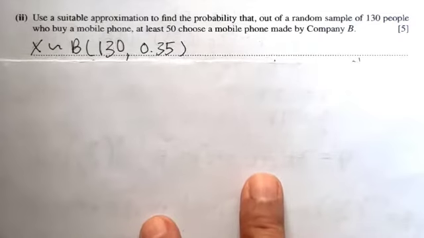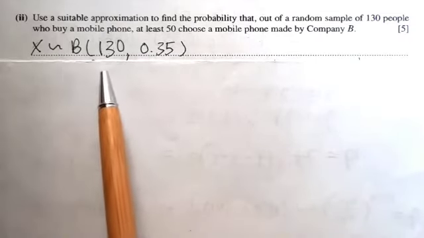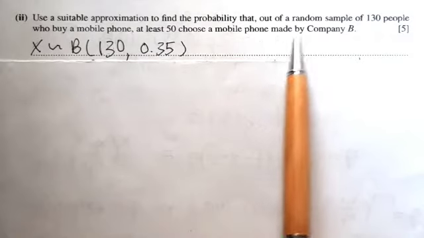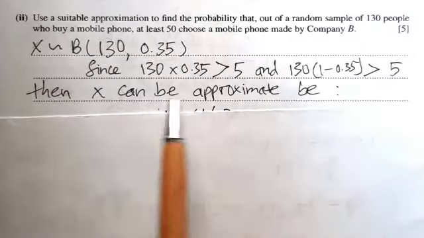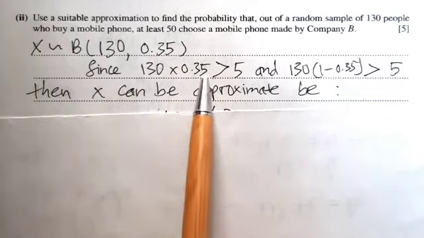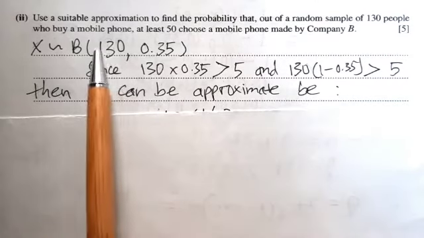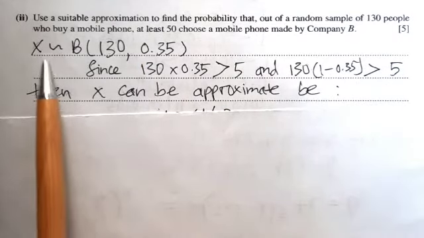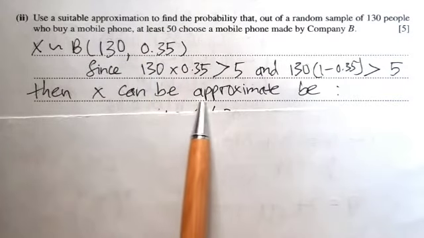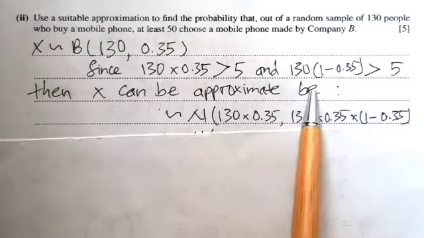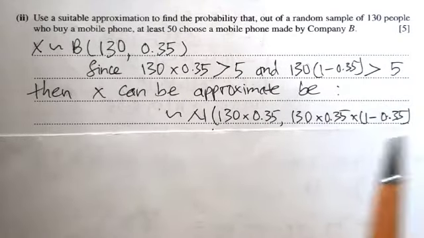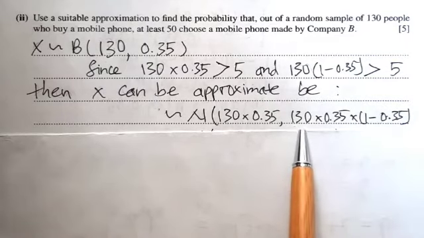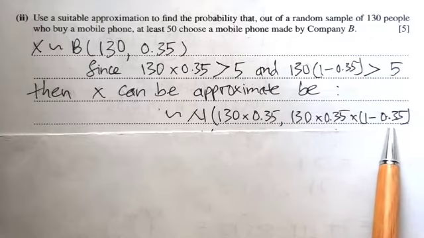Now, originally that is a binomial distribution with sample size 130, and p is 0.35 because this is made by company B. Since 130 times 0.35 is greater than 5, and also 130 times 1 minus 0.35 is greater than 5, X can be approximated by a normal distribution with mean 130 times 0.35, and variance 130 times 0.35 times 1 minus 0.35.